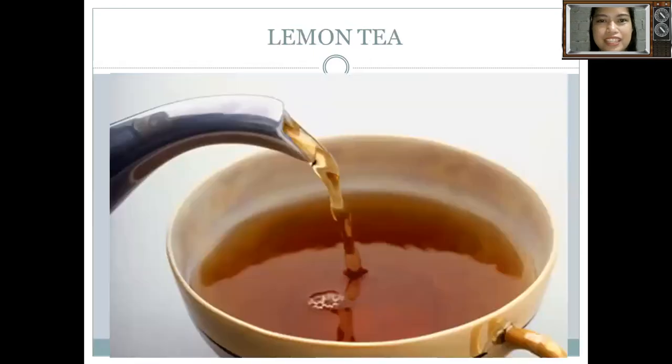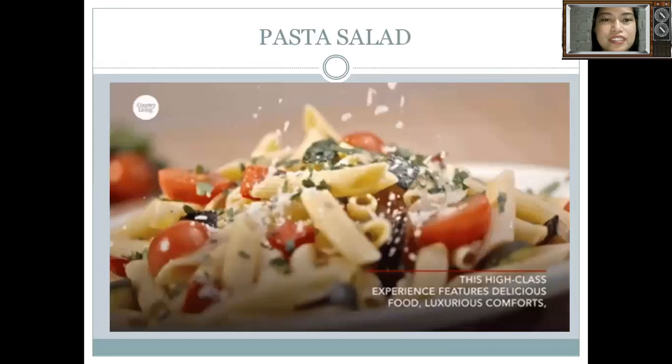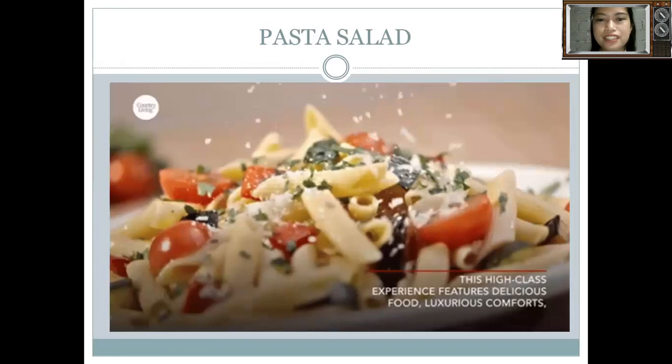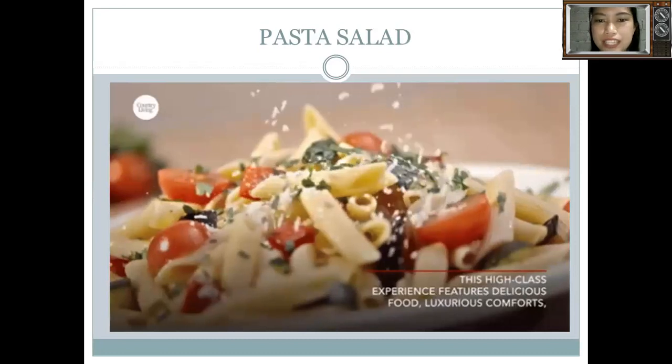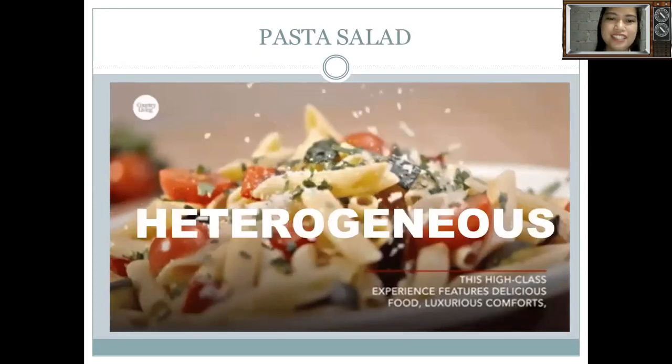Next picture, lemon tea. In 3, 2, 1. What is your answer? Homogeneous. That is right. Pasta salad. In 3, 2, 1. What is your answer? If your answer is heterogeneous, you got it right.